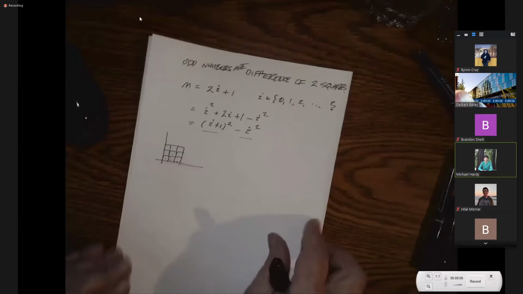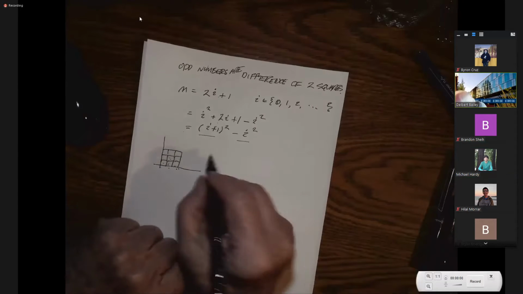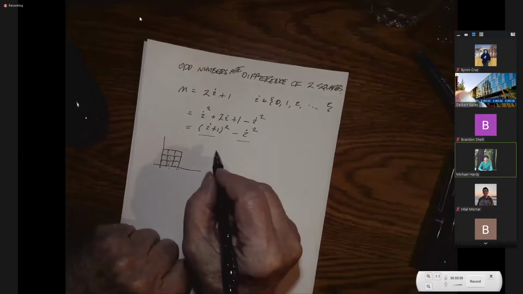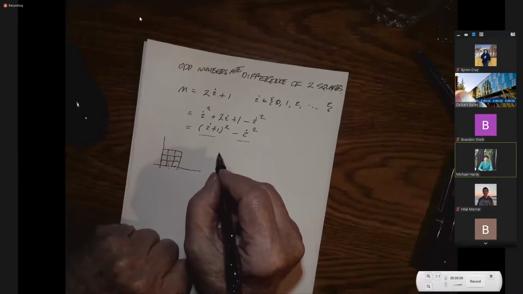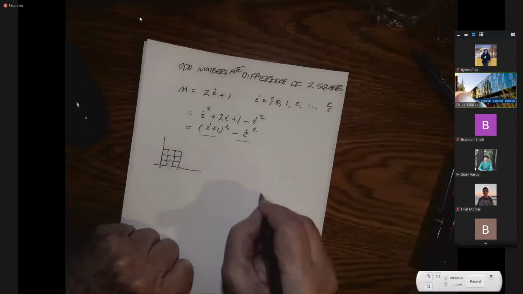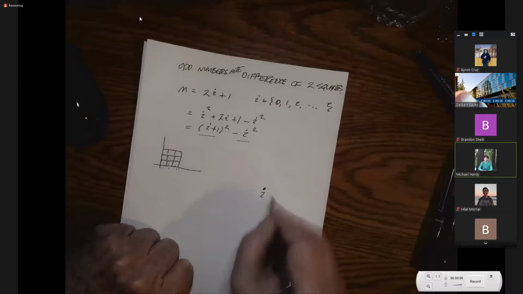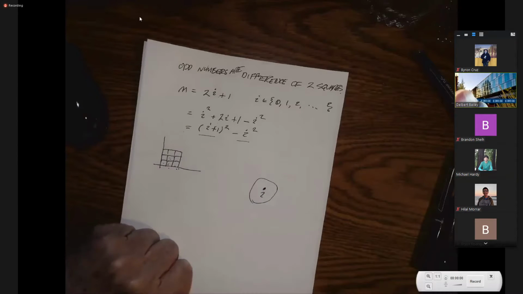Sorry, could you identify which of those is 2's and z's? I'm having difficulty reading it. I think there's a variable z in there, isn't there? That's what I use for i. Oh, okay, it's an i.